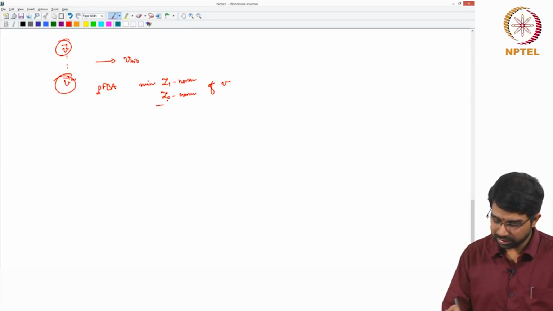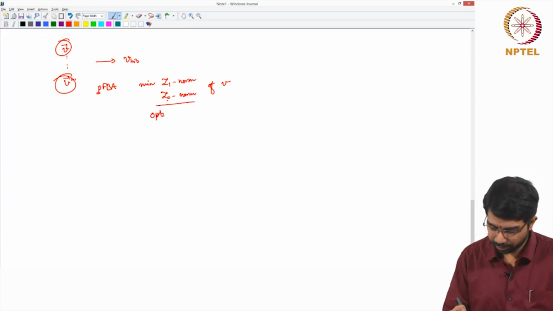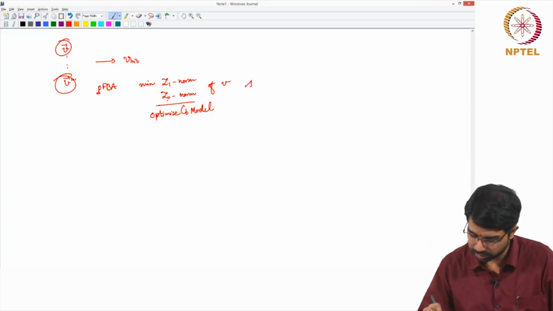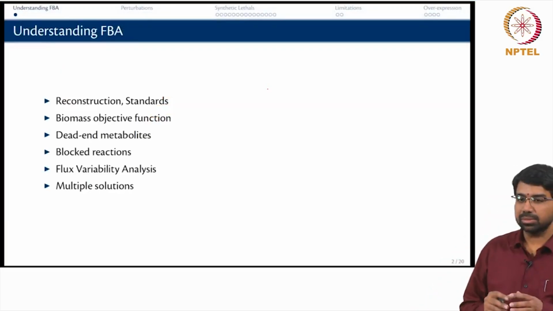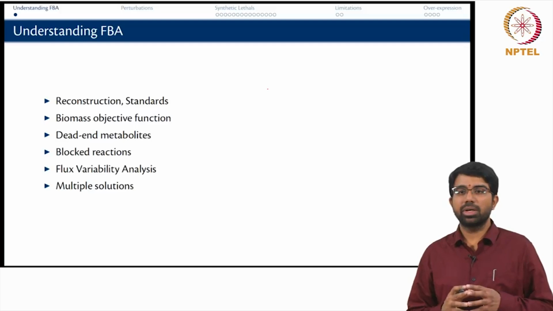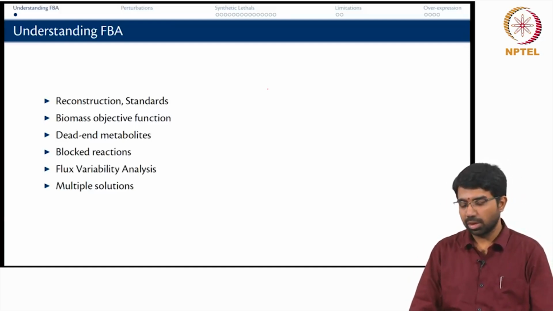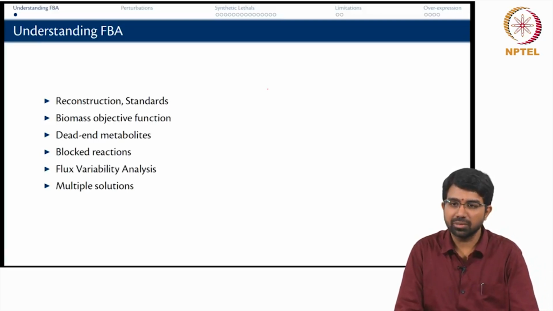And in fact this is built into optimized CV model as well. This is like a sparse solution. So parsimony is the same as sparsity. So these are some very important points that one needs to keep in mind while working with flux balance models or with metabolic models and studying flux balance analysis.